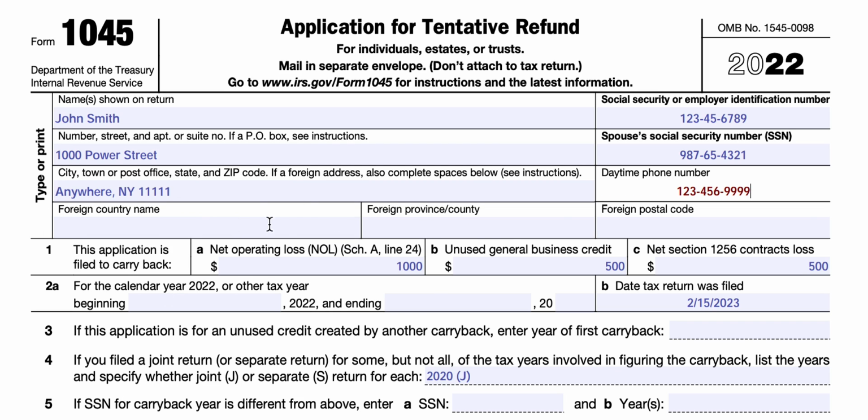And if you live in a foreign country, then you would enter the foreign country name, province, and postal code there. For illustrative purposes, I simply put in some numbers for a net operating loss, which you would have to determine from your Schedule A, line 24.